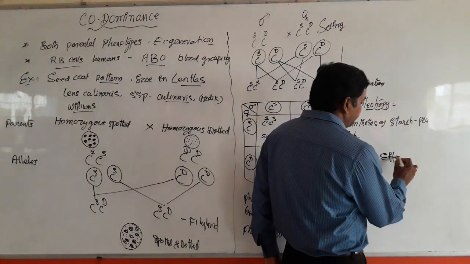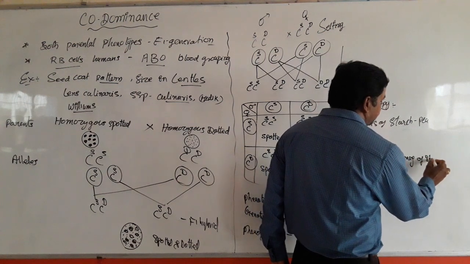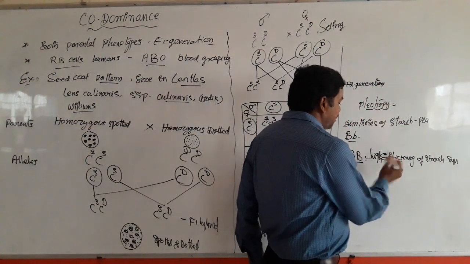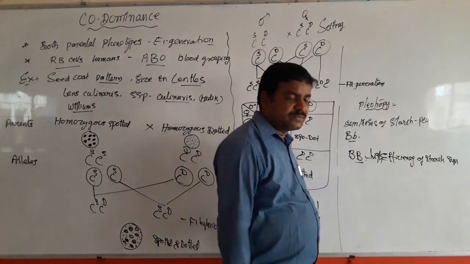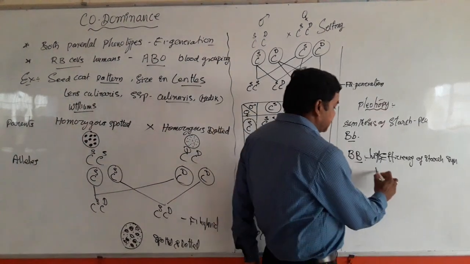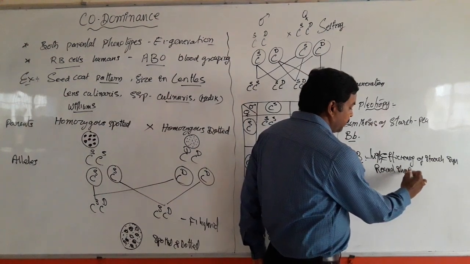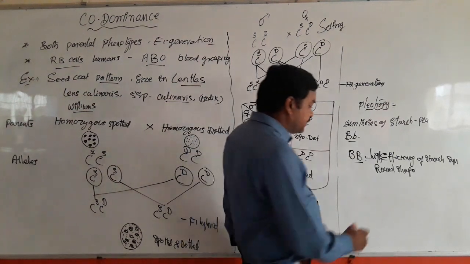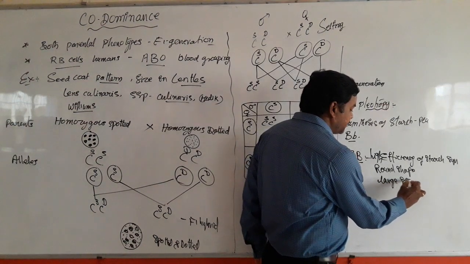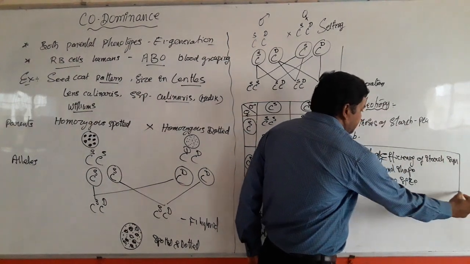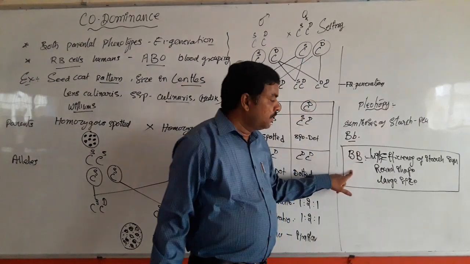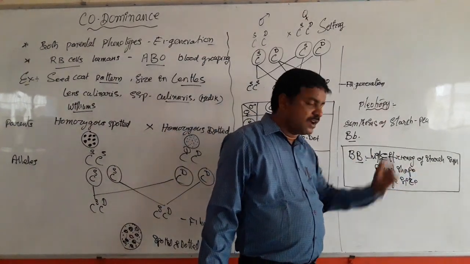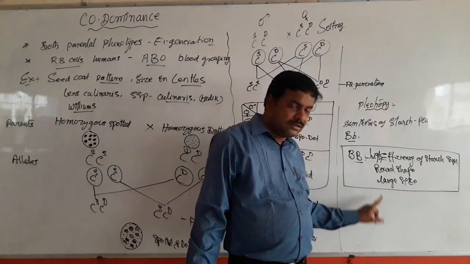One is high efficiency of starch synthesis, and they are also responsible for seed shape, which is round, and for the size of the seeds, which is large. So homozygous dominant alleles, capital B, express three characters: highly efficient starch synthesis, round shaped seeds, and large sized seeds.